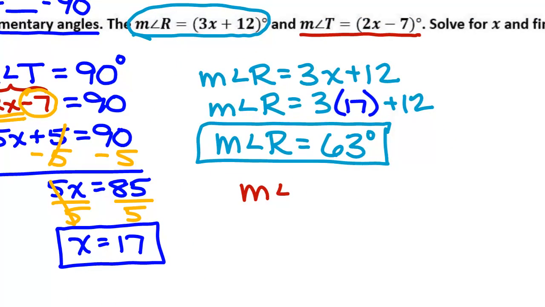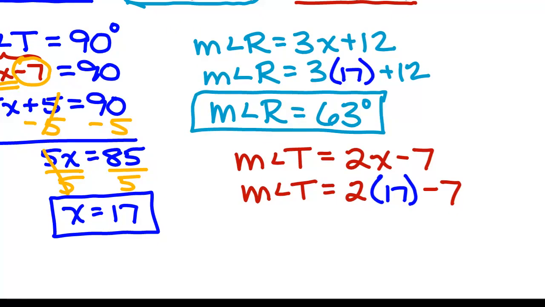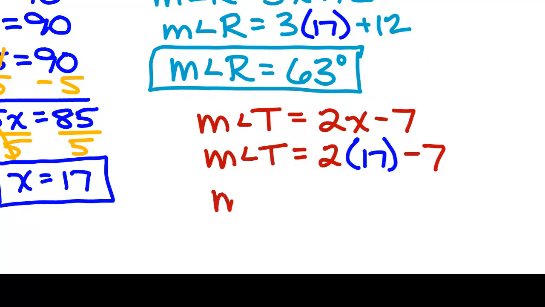The measurement of angle T is 2x minus 7. So the measurement of angle T is 2 times 17 minus 7. What is 2 times 17 minus 7? 27.